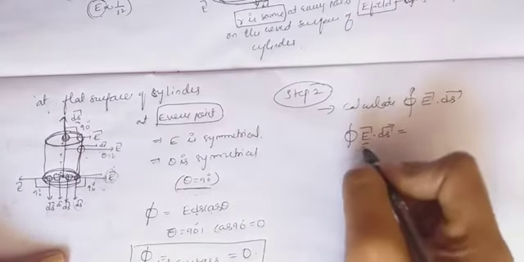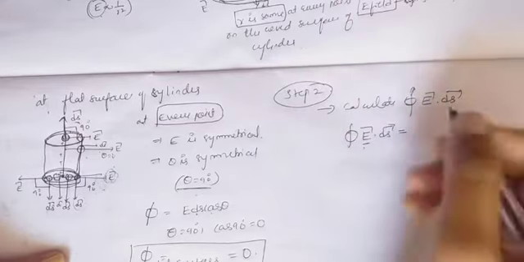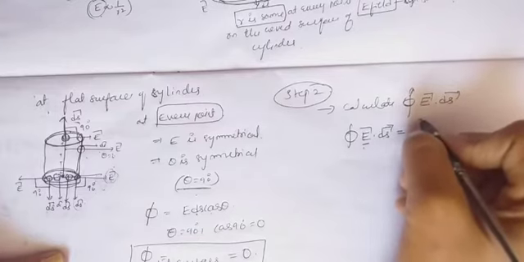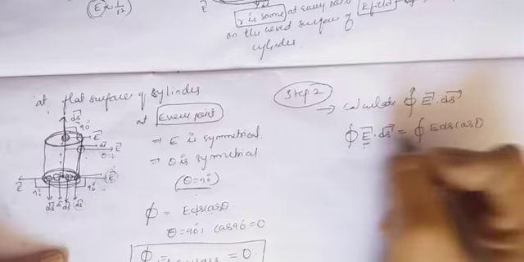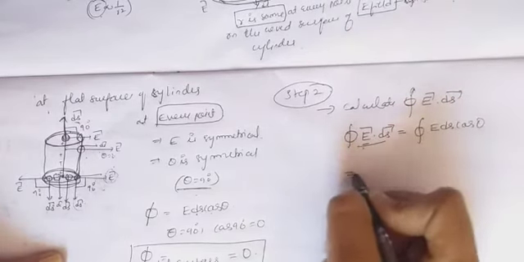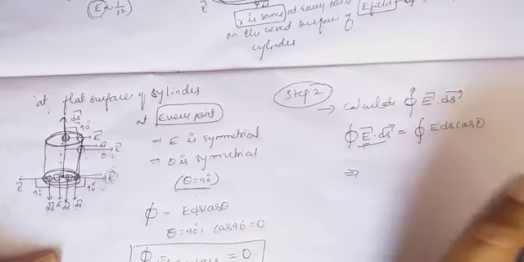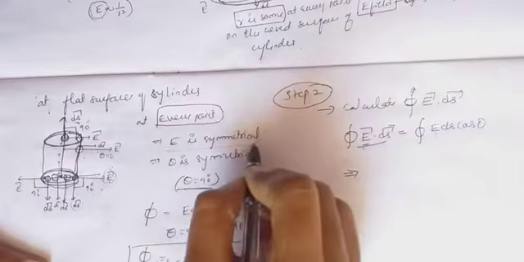As the electric field is symmetrical, we have to write this as the closed integral of E dS cos theta. This is the vector form and this is the scalar one. Now see here, E is constant, because E is symmetrical. Already we have taken this.